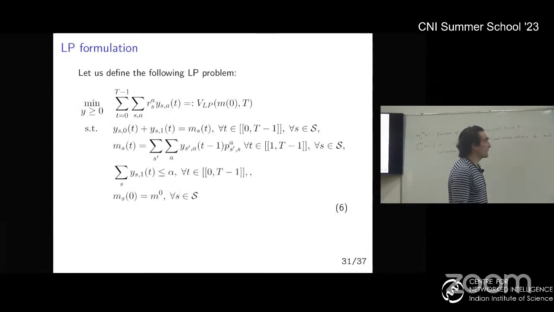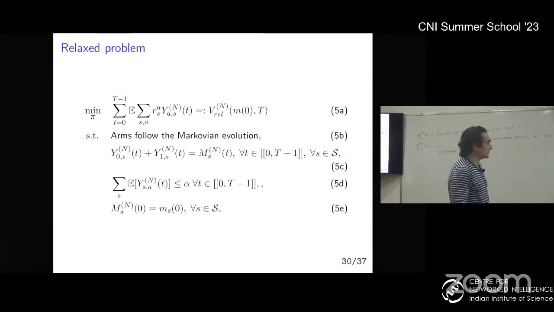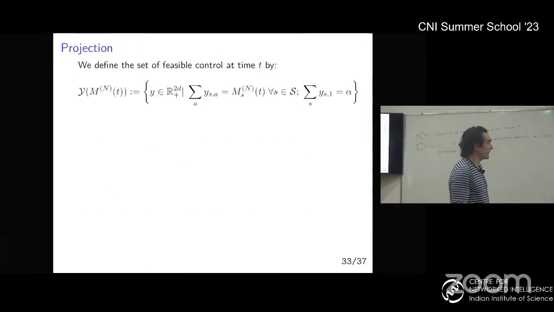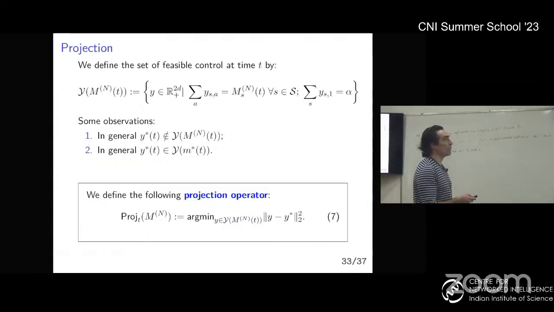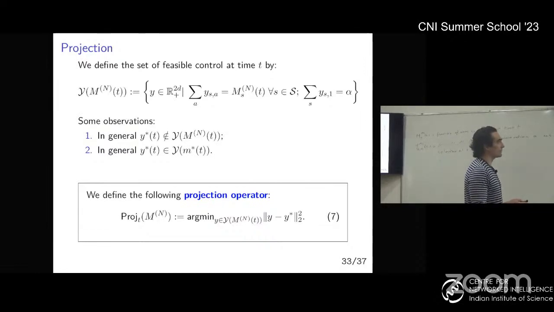Okay. So this is the LP, but I will write it down again. And what you have to realize first is the following: we have defined a set of feasible controls, which basically tell us the following. Imagine that I'm giving you a distribution of the state, so basically I'm giving you mu_s(t).